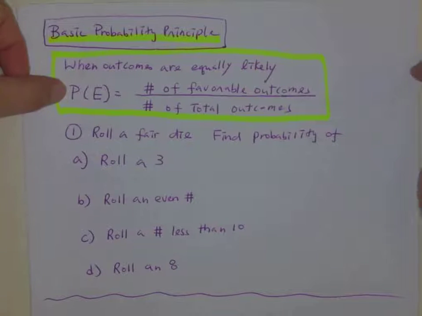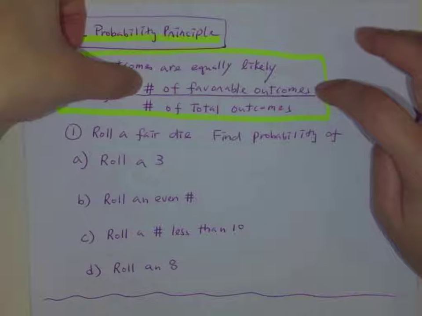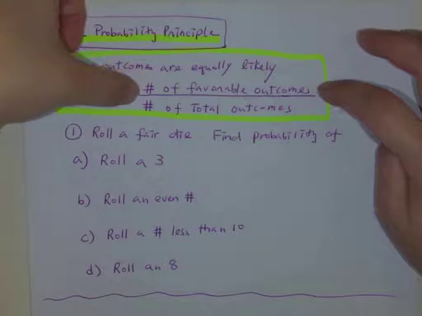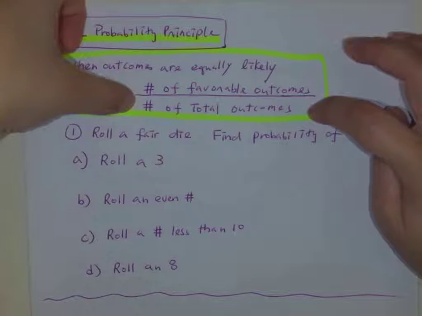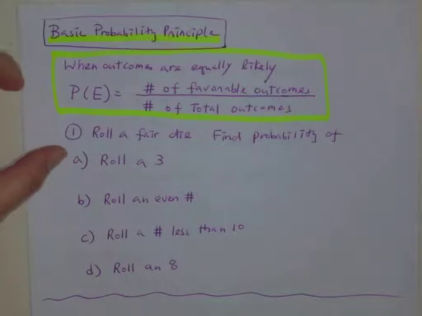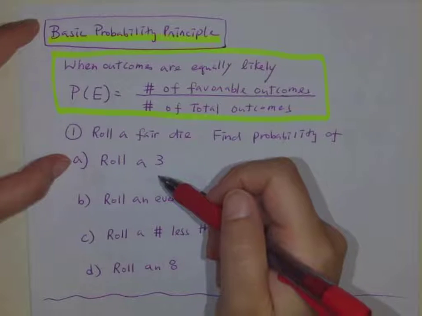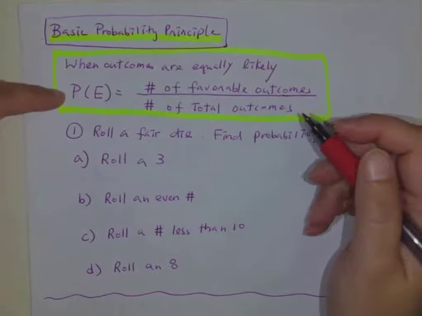So if we are rolling a fair dice, we want to find the probability of this. When you find a probability of an event, you put the number of favorable outcomes on top and the number of total outcomes at the bottom. The total outcome would be the sample space, right? So if I want to find the probability of rolling a fair dice and getting a result of 3, I need to write it in this format.